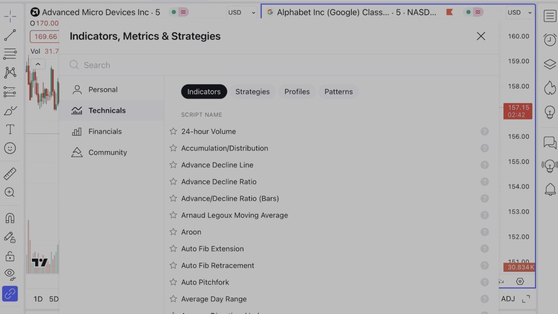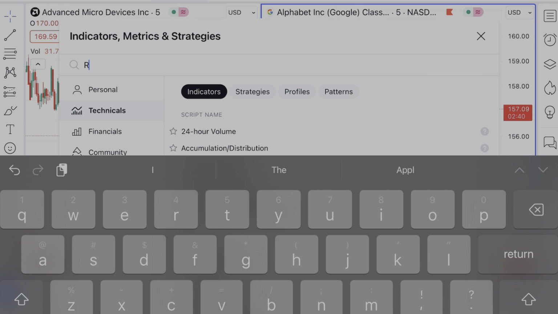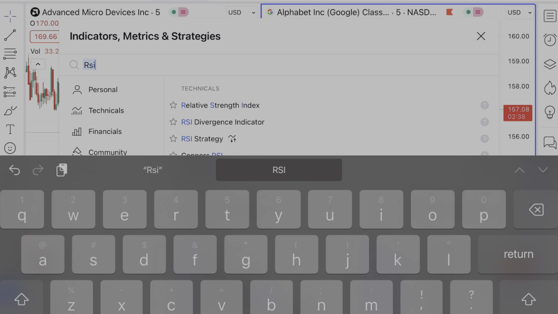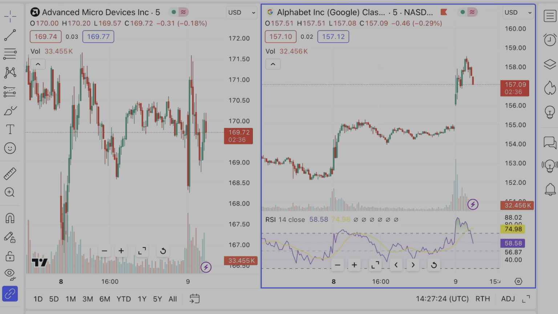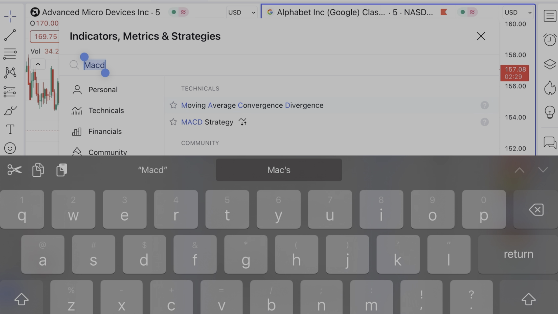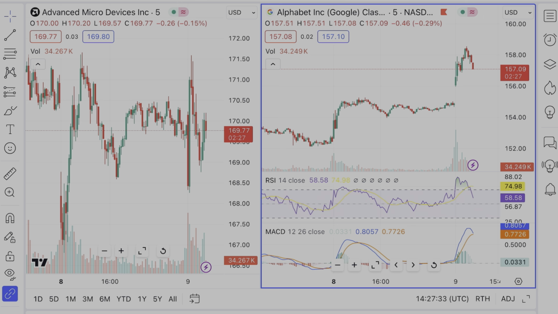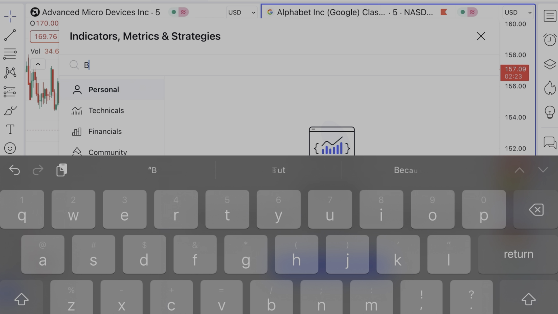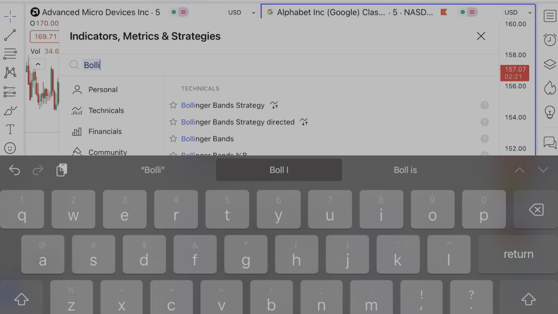So on the chart, I'm adding the RSI, Relative Strength Index, right? I'm adding the MACD, Moving Average Convergence Divergence. I'm adding the Bollinger Band.